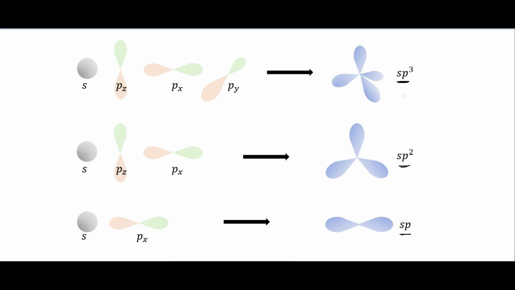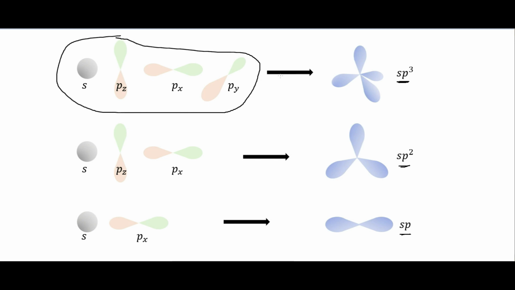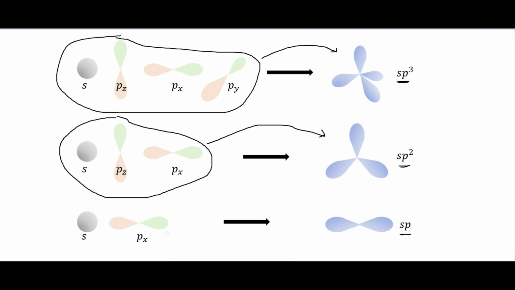The sp3 is bringing the s and all of these p orbitals into these hybrid orbitals that we see right here, where sp2 is bringing the s and two of the p orbitals, and then the sp is just bringing the s and one of the p orbitals into it like this. And so knowing the sp3, sp2, and sp is important.